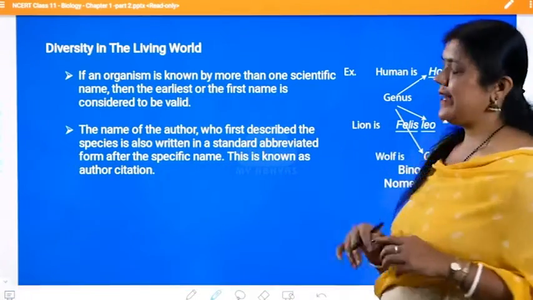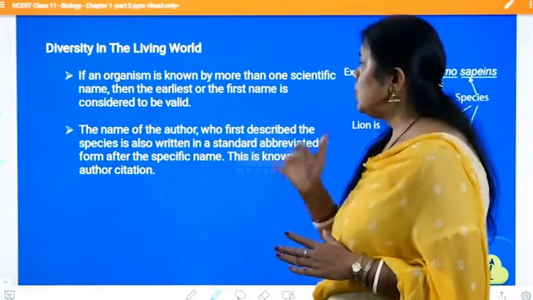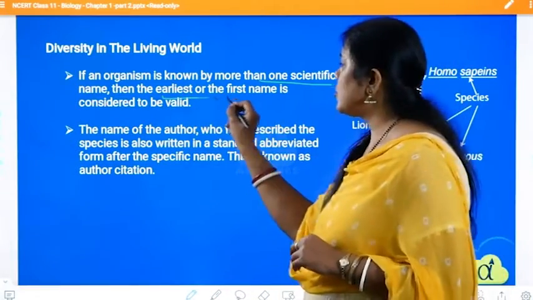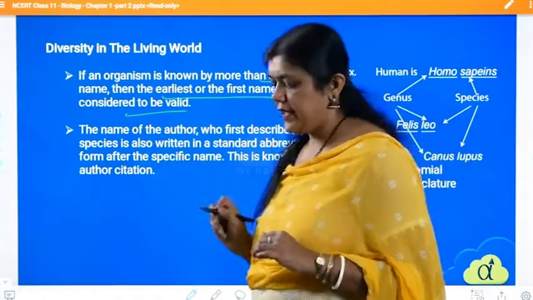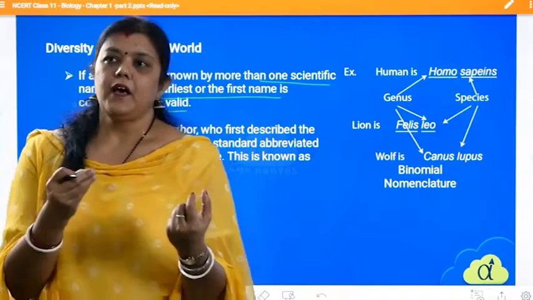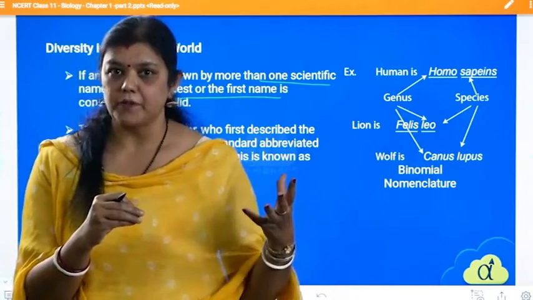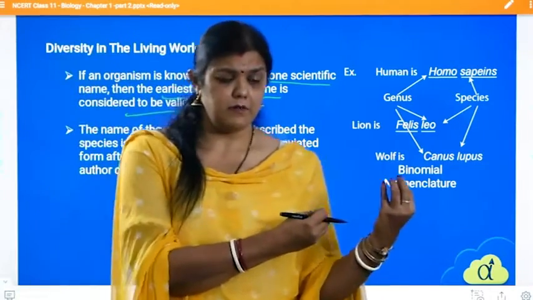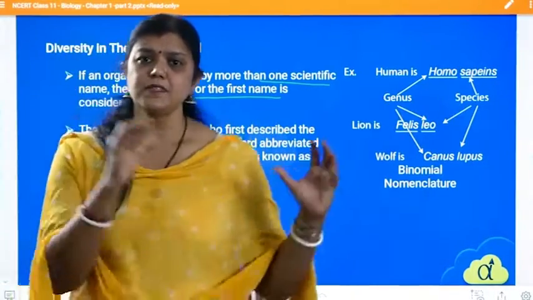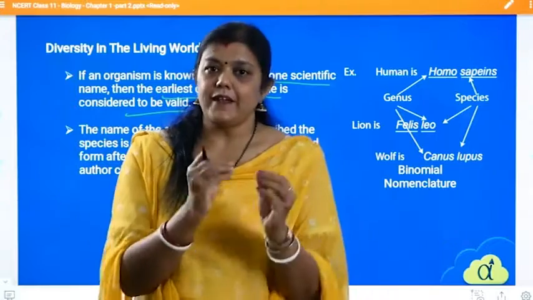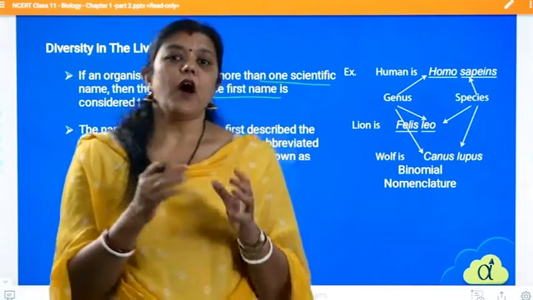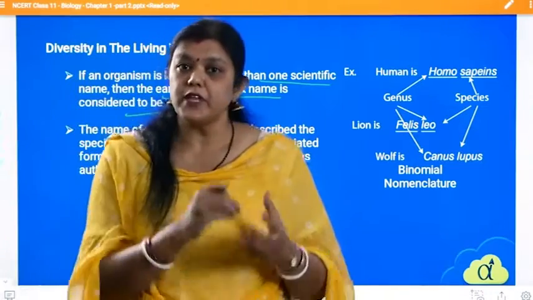The next rule says that if an organism is known by more than one scientific name, then the earliest or the first name is considered to be valid. If it happens that a new organism is discovered and characterized by two different scientists, maybe in two different countries, and it has to go to ICBN or ICZN for the final nomenclature, how are we going to decide which name to take?